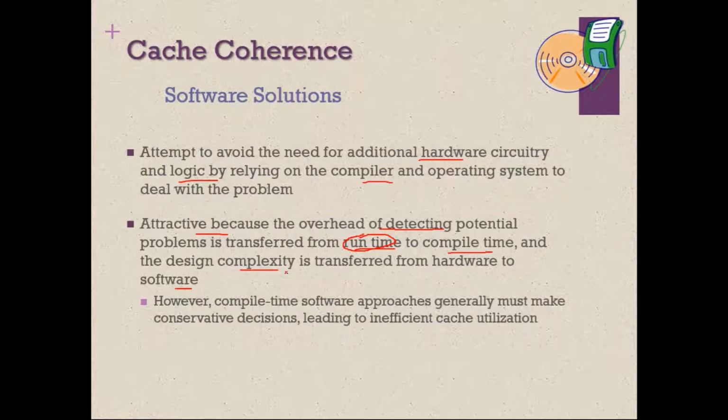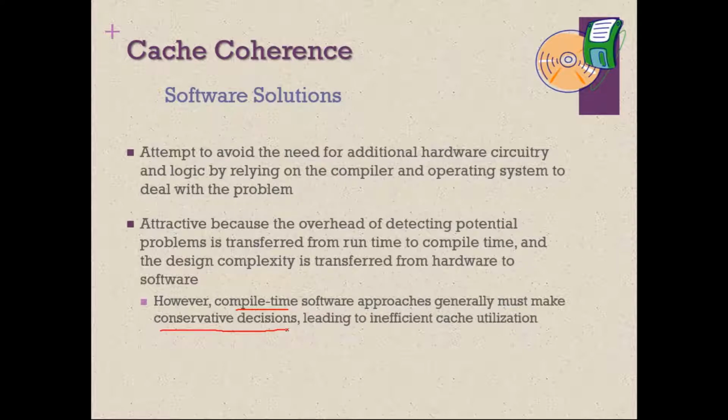Okay. But actually the software based approach, we cannot call it an efficient approach, because you cannot always predict what is going to happen, and most often the prediction may not be in a proper way. Generally most of these software based approaches work based on conservative decisions.